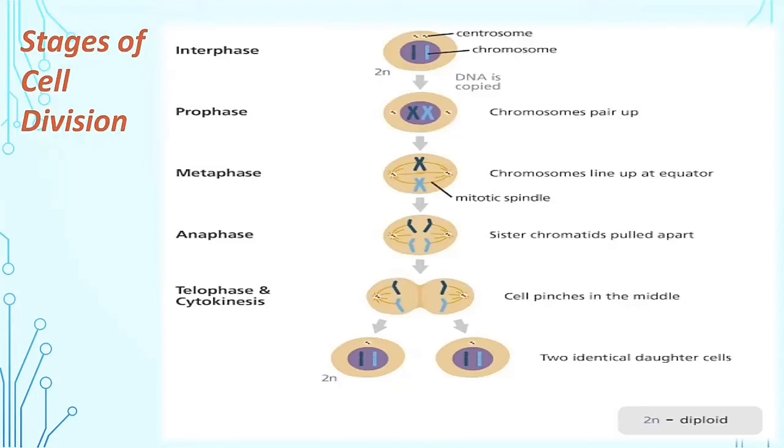After the DNA is copied, the chromosome pairs up in the prophase, and during the metaphase the chromosomes line up at the equator and there is formation of the mitotic spindle. During the anaphase, the sister chromatids are pulled apart, and during the telophase and cytokinesis, the cell pinches in the middle and there is formation of two identical daughter cells which are diploid in nature.